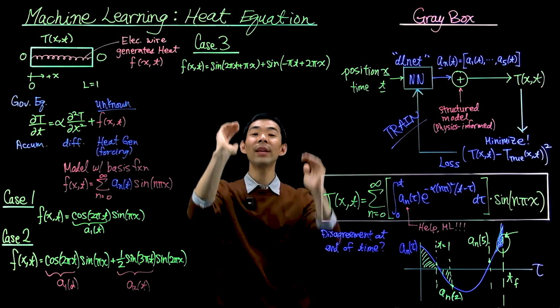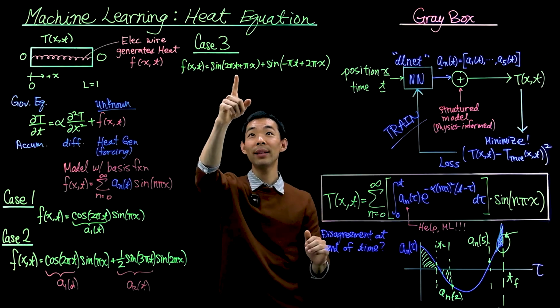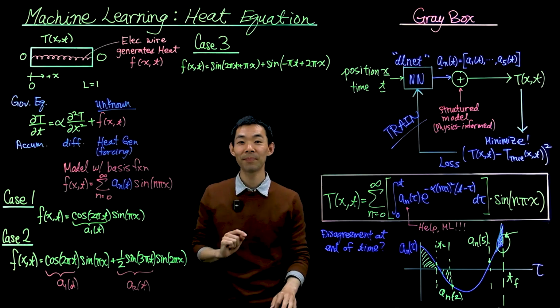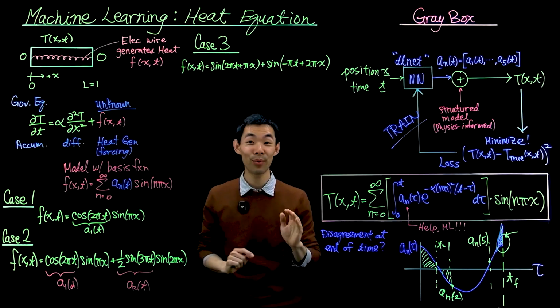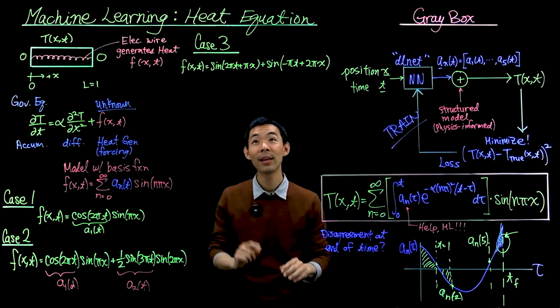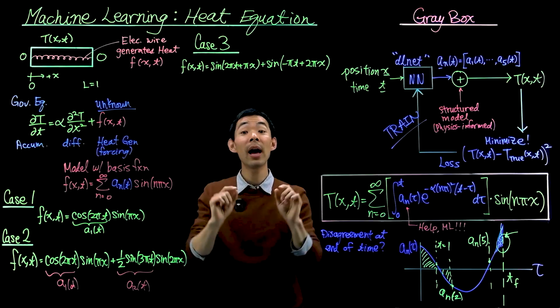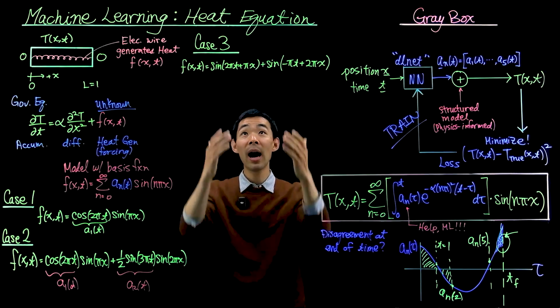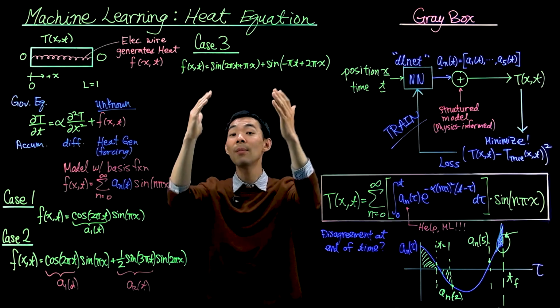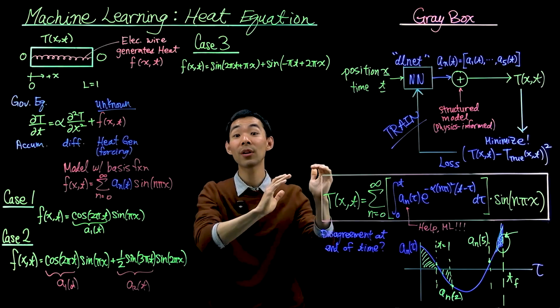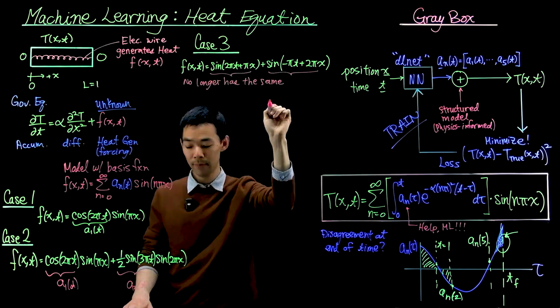So we have sine of the argument of 2 pi t plus pi x. Now we've really broken it, because this can no longer be written as a separable form. I cannot write this as some function of t and some function of x, the product of each other.